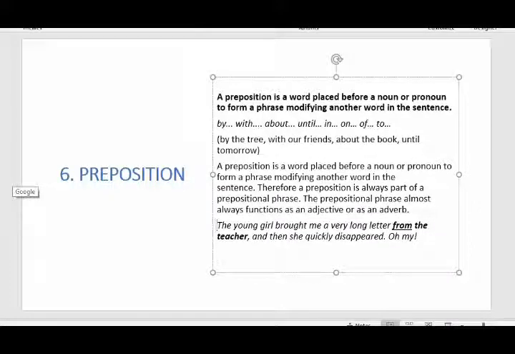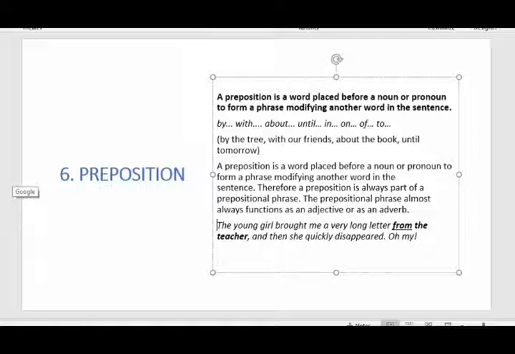A preposition is a word that is placed before a noun or a pronoun to form a phrase modifying another word in the sentence. A preposition is always part of a prepositional phrase, and this phrase functions as an adjective or as an adverb.